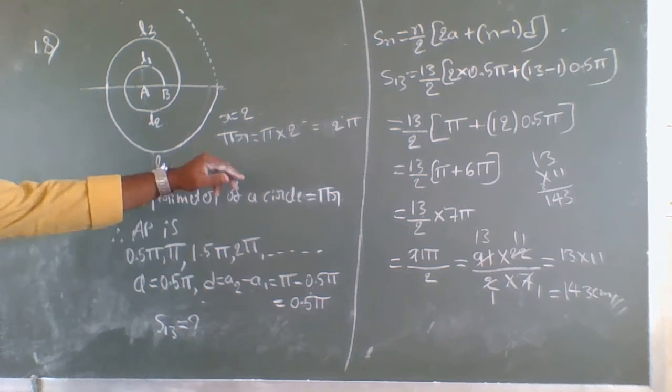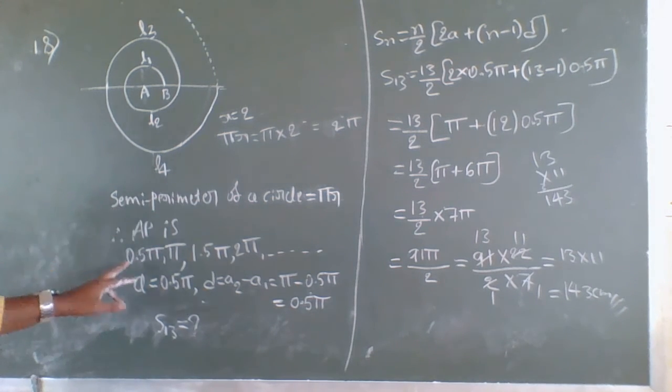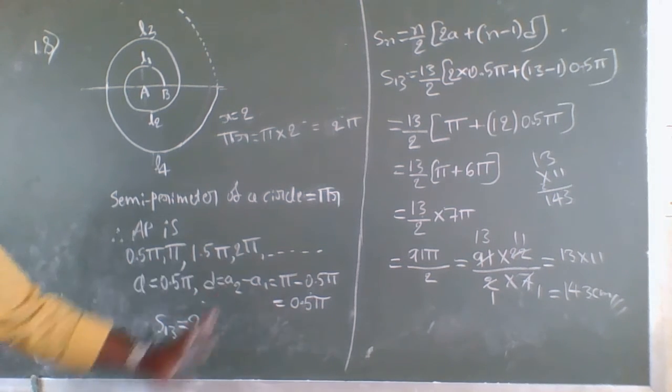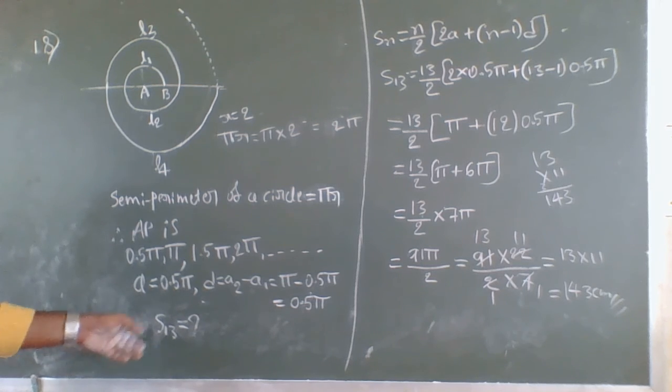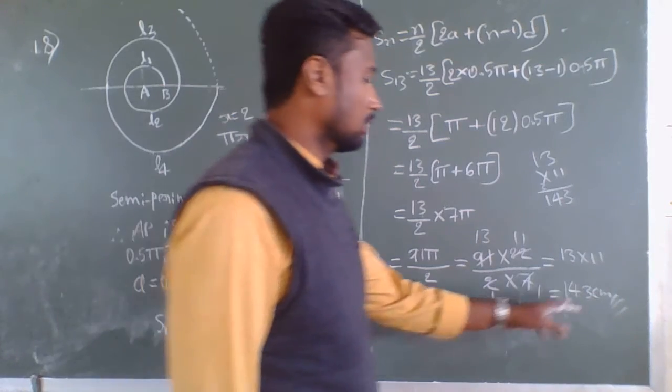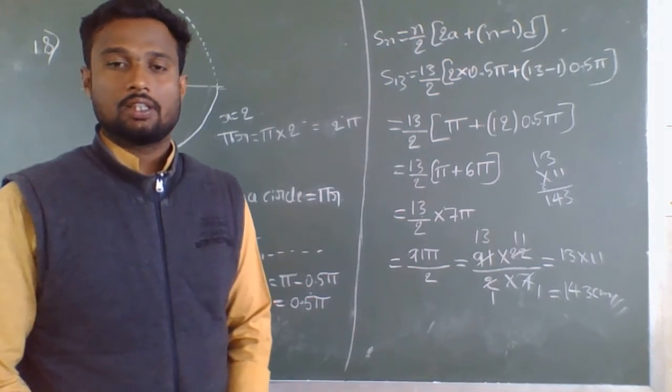So pi r means I will multiply r with pi. Therefore, we got the values 0.5 pi, pi, 1.5 pi, 2 pi. And by using this, we can write the a value, d value, and n value as 13. We should calculate the S13 value. So the S13 value is 143, the final answer.